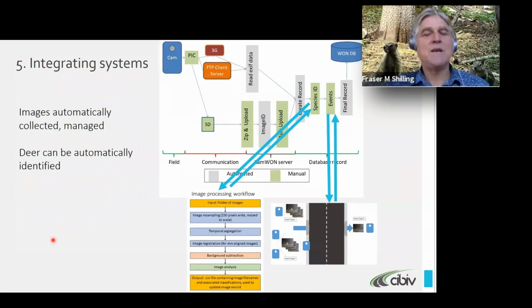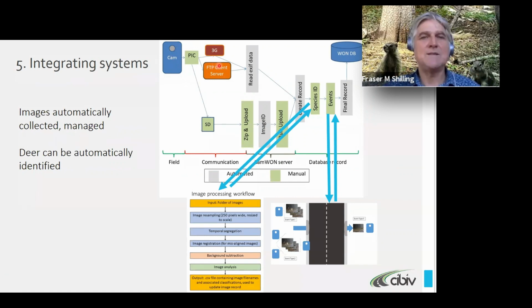So we can think about how we could integrate all of these systems together. And this shows some of the process for doing that. Integrated systems, this is borrowing from earlier diagrams and adding in some new parts. So you can imagine that you have a camera that collects images in the field.